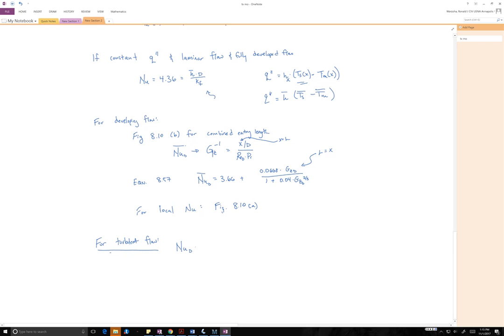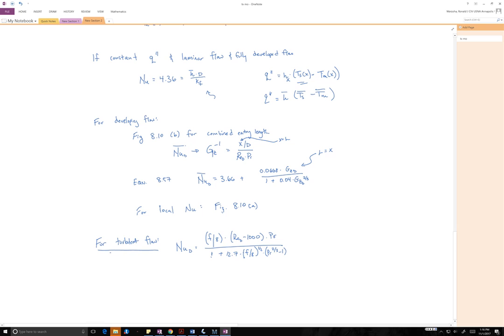My Nusselt number is equal to my friction factor divided by 8 times my Reynolds number minus 1,000 times my Prandtl number divided by 1 plus 12.7 times my friction factor divided by 8 to the 1/2 power times my Prandtl number to the 2/3 power minus 1.